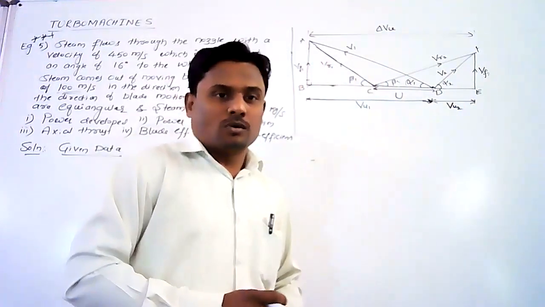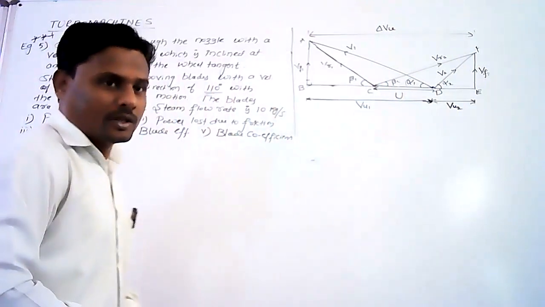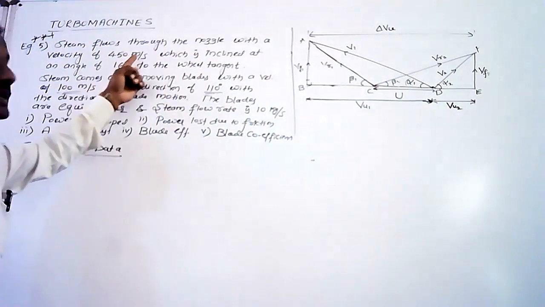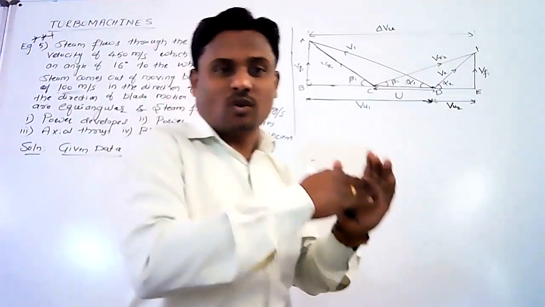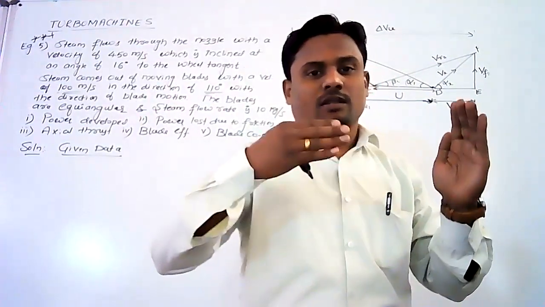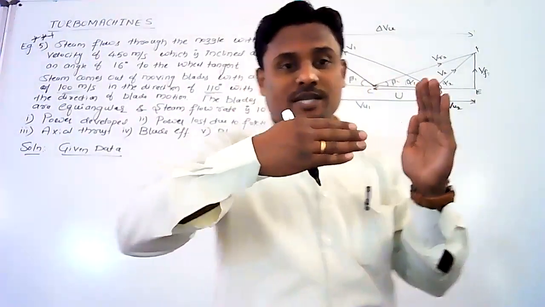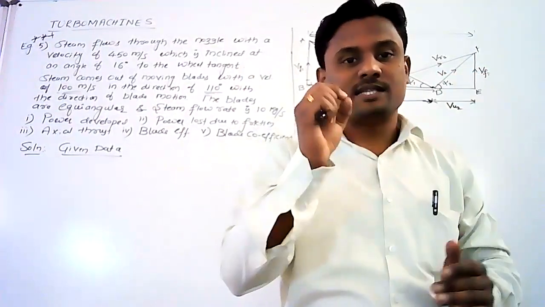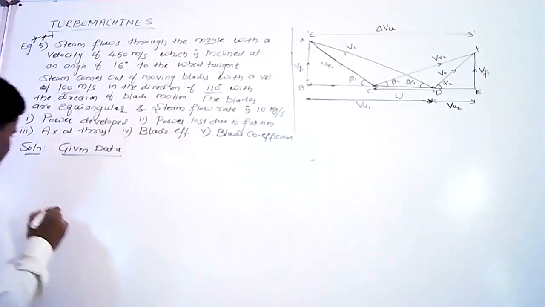Okay, so after reading the problem carefully, let us try to write down the given data. In the first, he has given steam flows through the nozzle with a velocity of 450 meter per second. So velocity of steam at the exit of nozzle, or the velocity at which the steam jet hits the blade, is designated by V1.